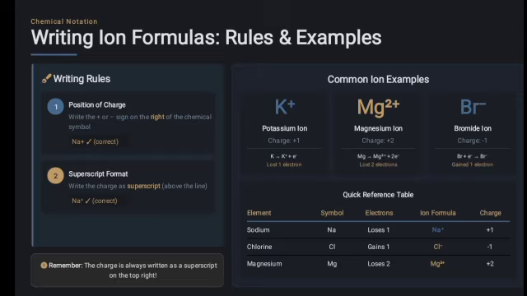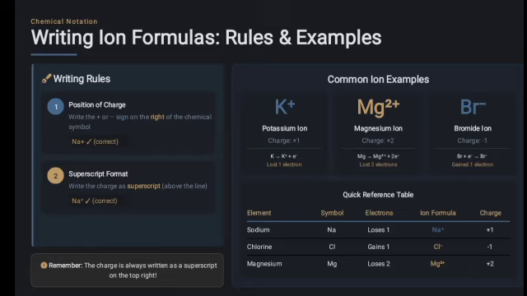I'm just revising that: if there is only one letter, it must be capital. If there are two letters, we write the first letter capital and the second small. Like in potassium, only a single letter is there, so it is capital, while in magnesium and bromine, two letters are there, so the first is capital, M and B, and the second is small, g and r.